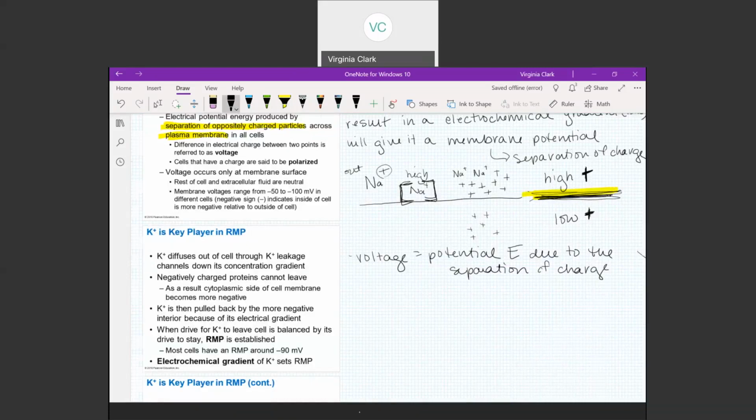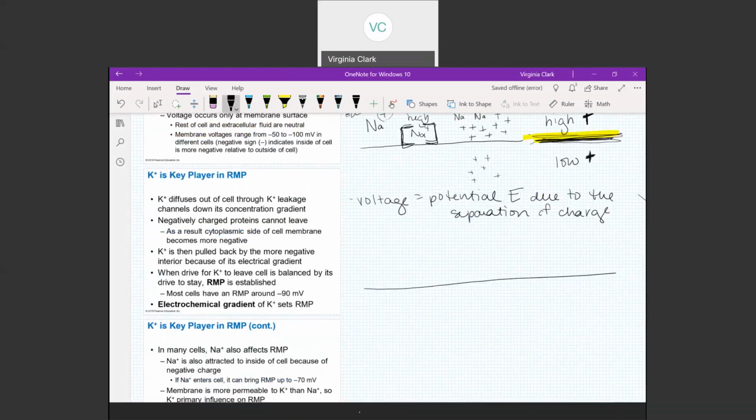So here is our plasma membrane. We'll talk about outside, or the ECF, and we'll talk about inside, or the ICF. This plasma membrane will have a charge. And the plasma membrane is going to be around -50 to -100 millivolts when it is measured. So it is separating that much charge.